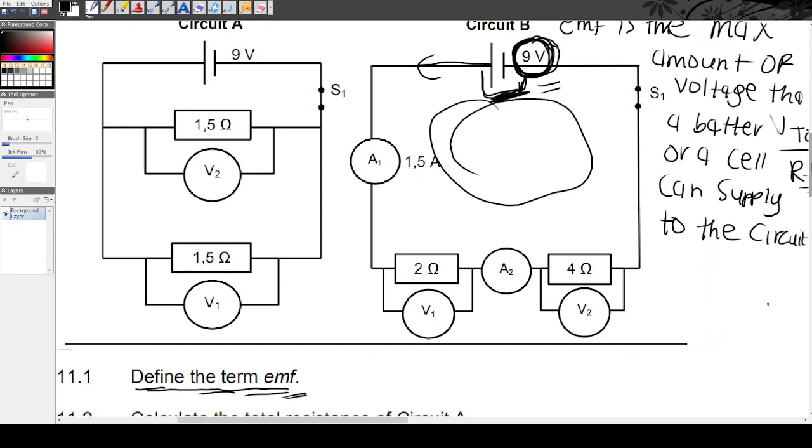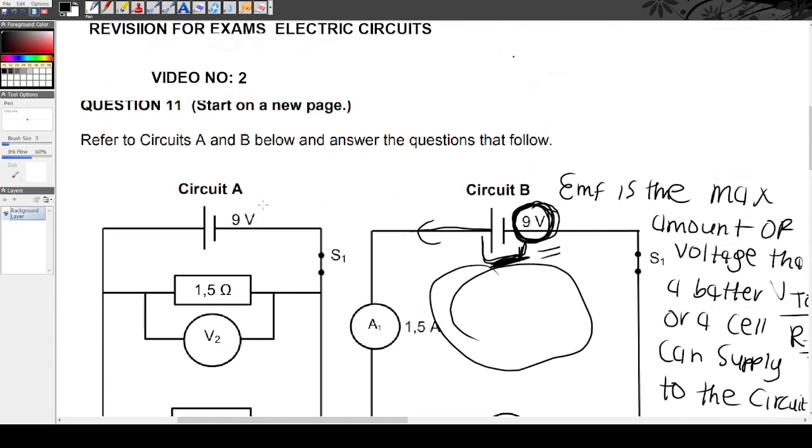So this 9 volts is said to be the EMF because it is the maximum amount of voltage that this cell will supply to this circuit. Hope it makes sense. So that's EMF.